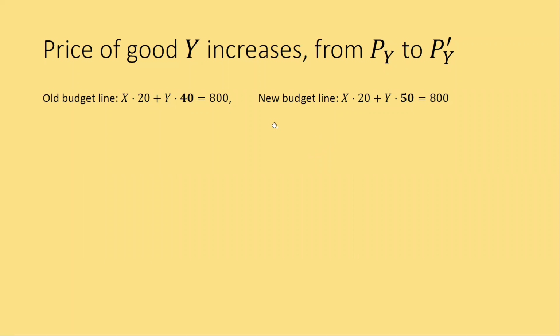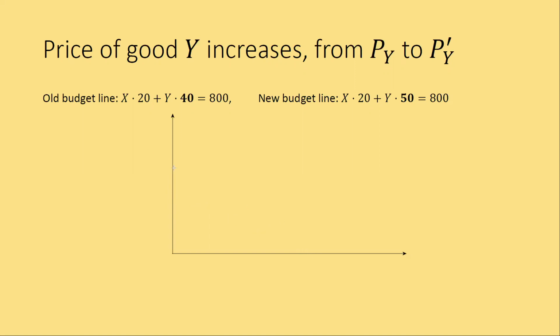So what if the price of good Y increases? Well, you can probably imagine that we are going to follow a very similar logic. And by doing this again, it's getting you more familiar with the process. So let's start again by drawing the axis. And we know that the old budget constraint is something like this.